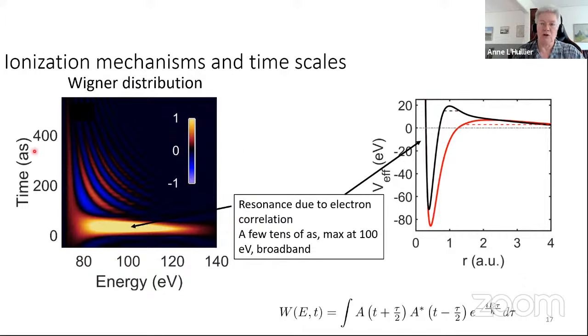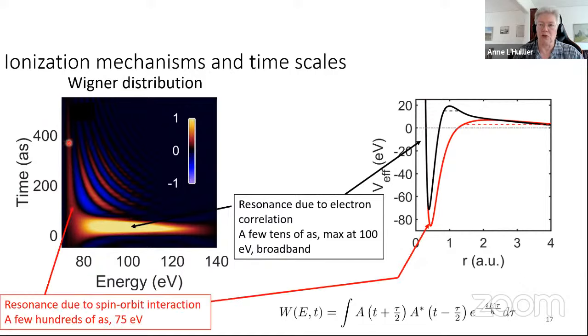The second feature is what is happening at threshold. This feature here is a narrow resonance at threshold with a long time delay, a few hundred attoseconds, and a narrow bandwidth of a few electron volts. And again, you can relate that to a much smoother variation of the effective potential with a long potential barrier, so that the lifetime of the electron is much longer.